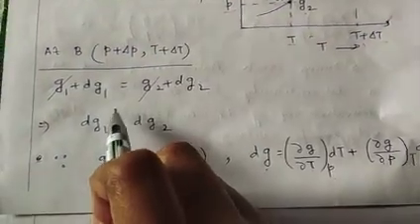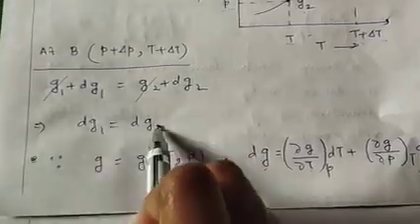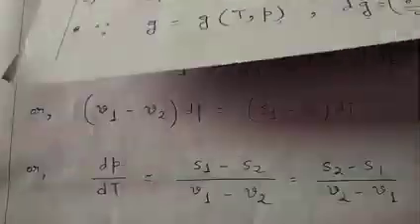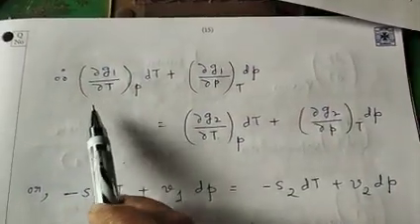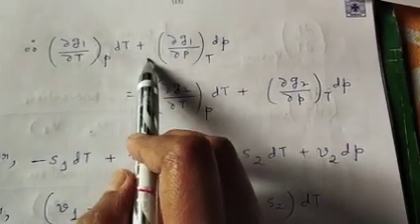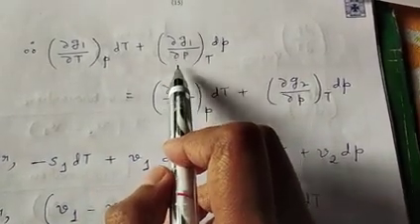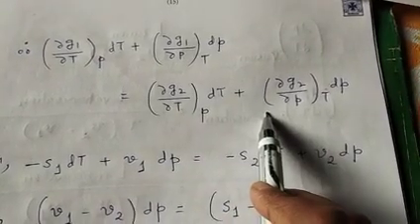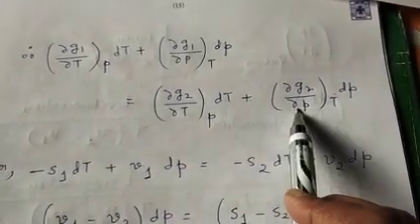So from dG1 equals dG2, using this relation, instead of dG1 we write del G1 del T at constant P dT plus del G1 del P at constant T dP. Similarly we can write the same thing for dG2 in terms of partial derivatives.